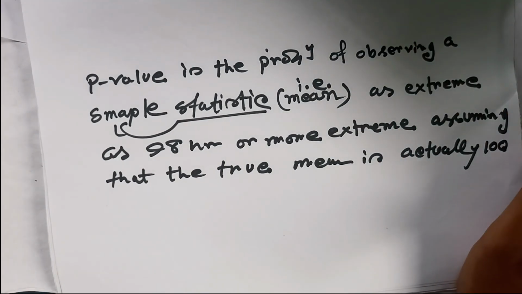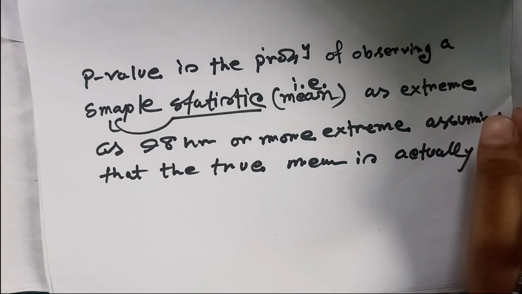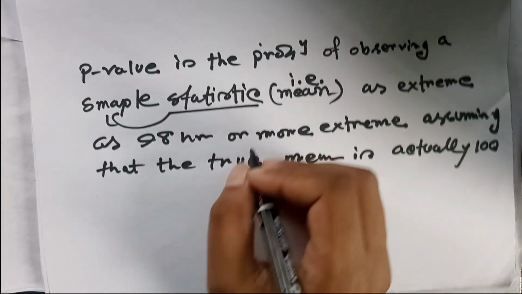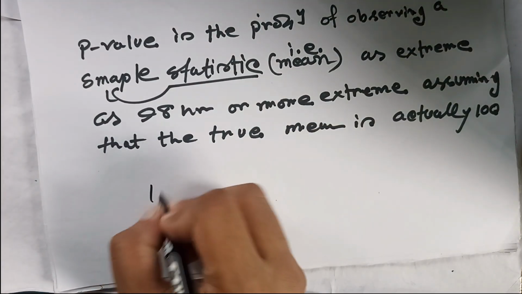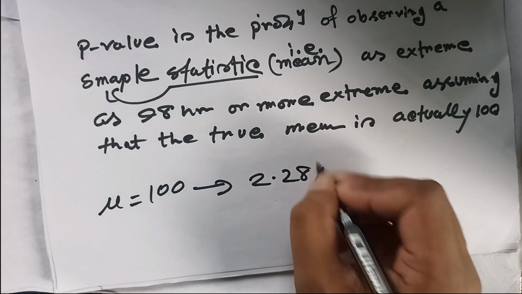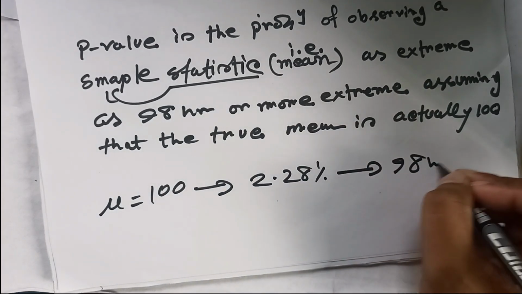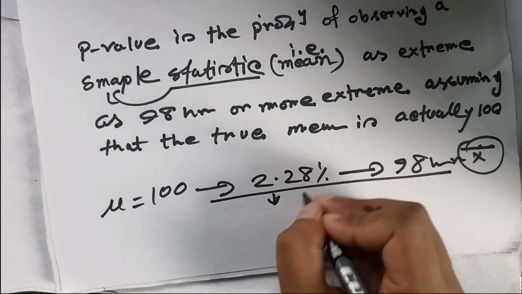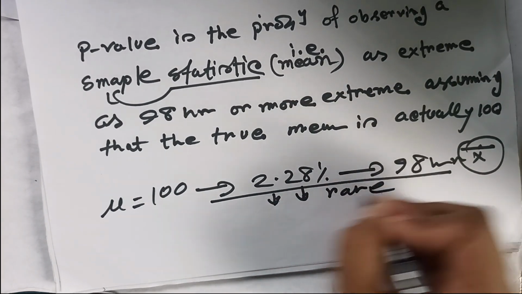In simple words, for the given situation, if the company's claim is correct, that the mean is 100, there is only a 2.28% chance we see these results. So if the company's claim of 100 is our mean, then we will get 98 hours of X bar only 2.28% of the time, which is very rare.